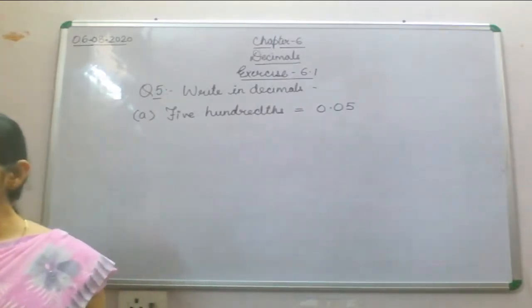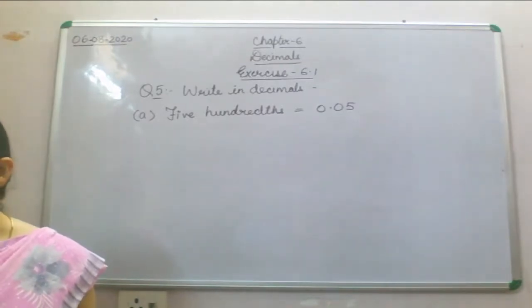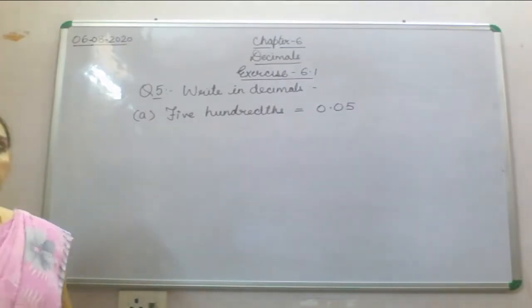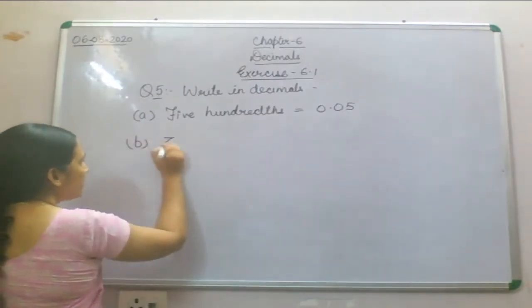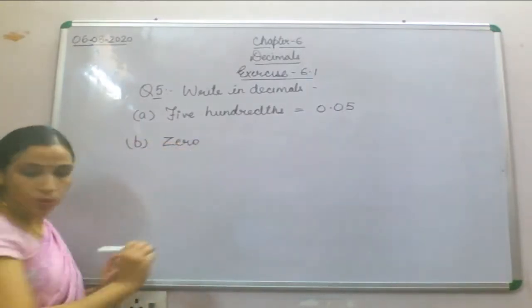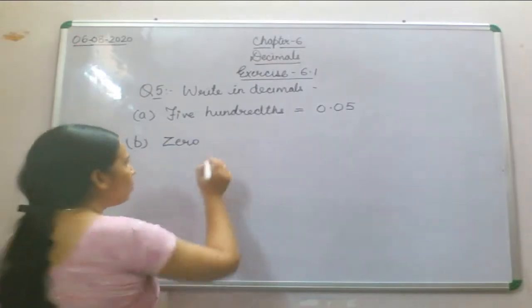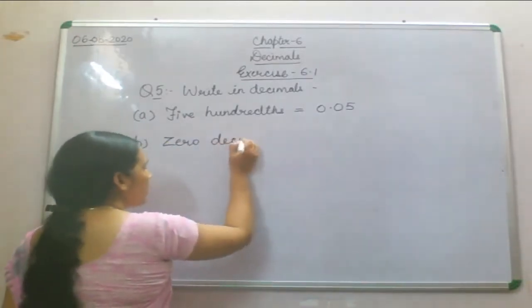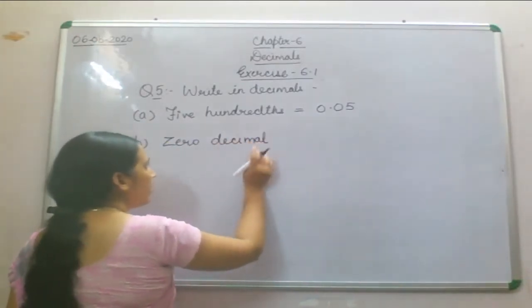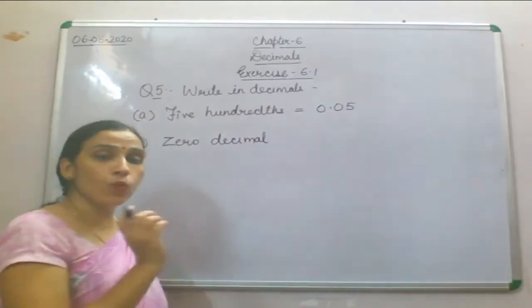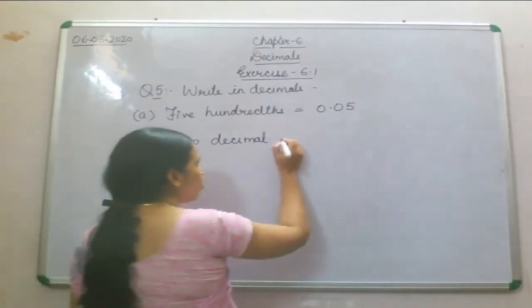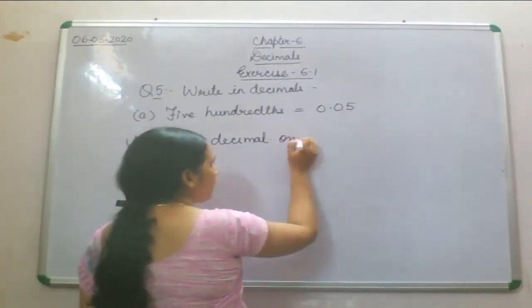So similarly we will see B part. Now B part is quite simple. B part is 0 decimal 19. See, you can write decimal numbers in words like this also. 0 decimal 1 9.